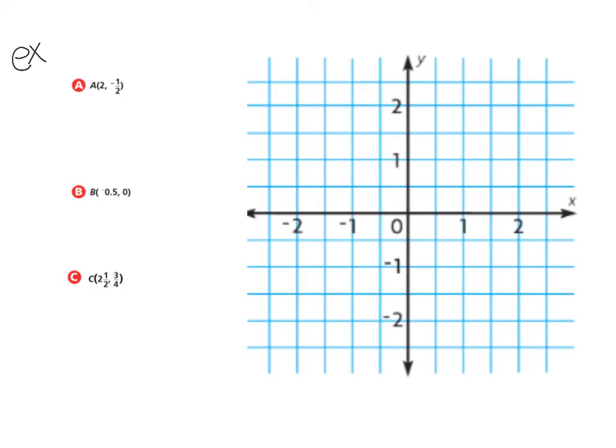We want to graph (2, -1/2), so we're going to go over 2, starting at the origin, 1, 2, and then we're going to go down. It's got a weird highlighter tool on. Whatever, we'll just create a little line. So over 2 and down 1/2. And then I'll switch to a pen to mark that point. That is point A.